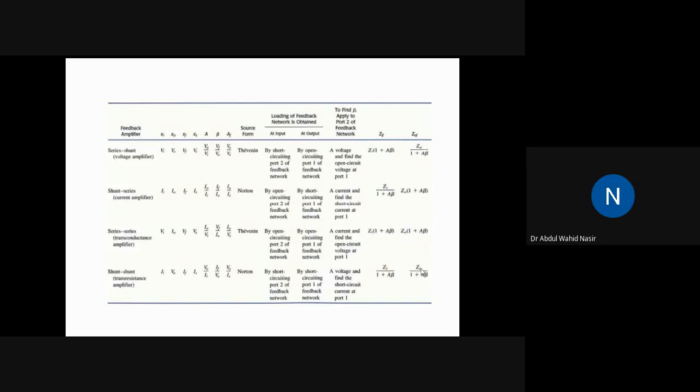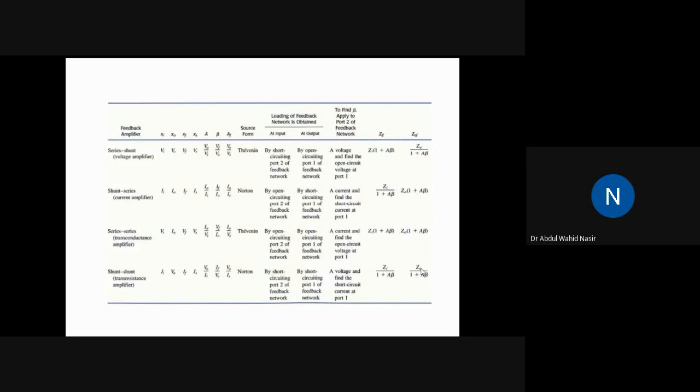In that case, the feedback improves the input impedance and output impedance of the circuit as compared to where no feedback is available.